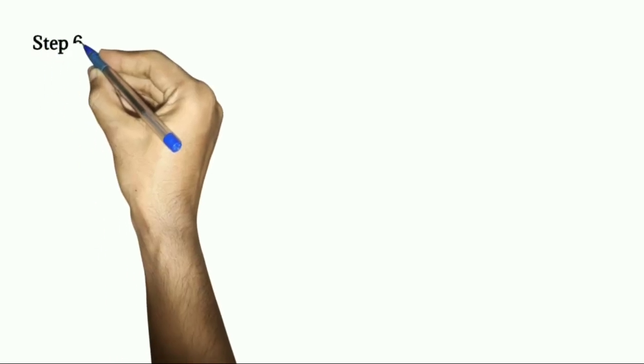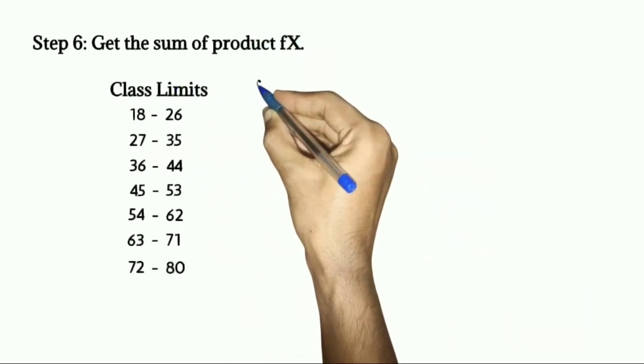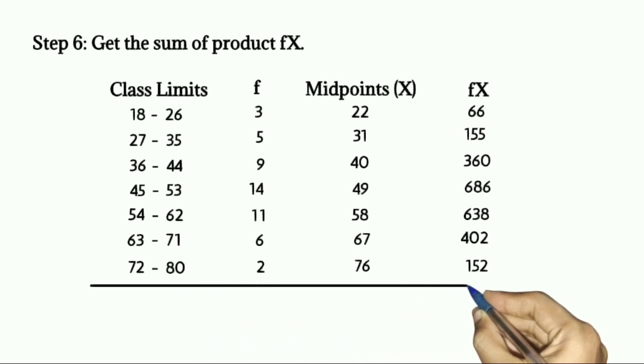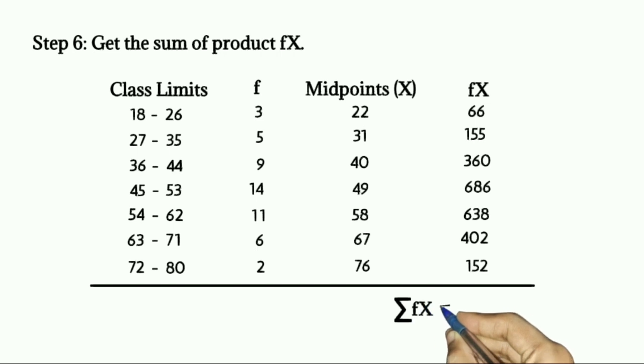After obtaining the product fx, the next step is to get the sum of product fx. I-add lang natin lahat ng values under fx para makuha yung sum of product fx. 66 plus 155 plus 360 plus 686 plus 638 plus 402 plus 152, that is equal to 2,459.